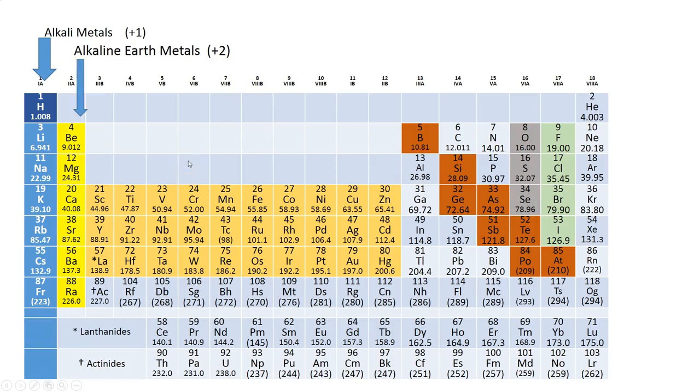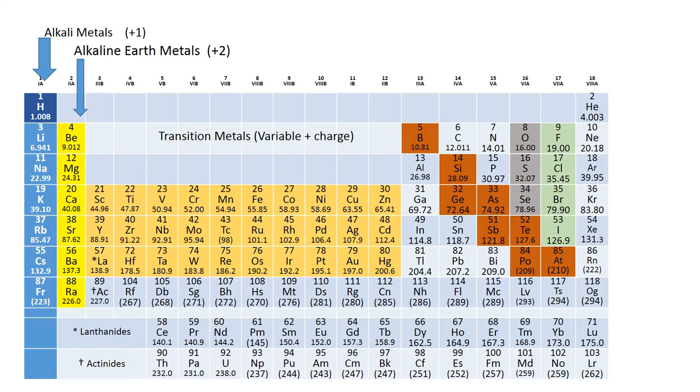Then we have all these elements in the middle, say from scandium to zinc, that are in the duller yellow color, and those are transition metals. They can have a variable charge, but it's always a positive charge. They could lose 1, 2, 3, 4, 5, 7 electrons, possibly even.